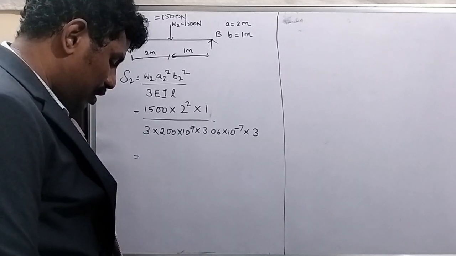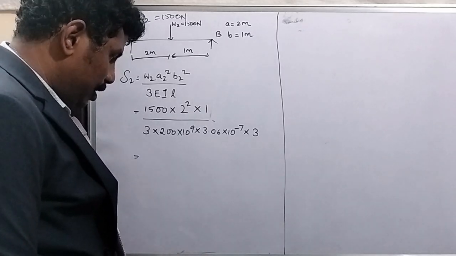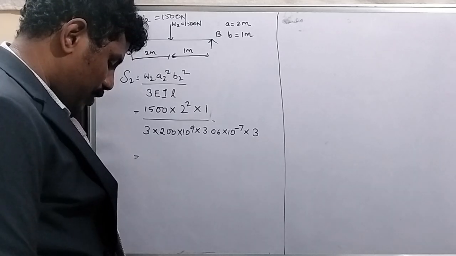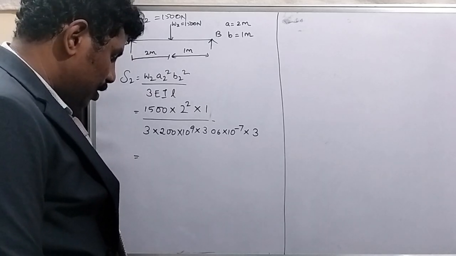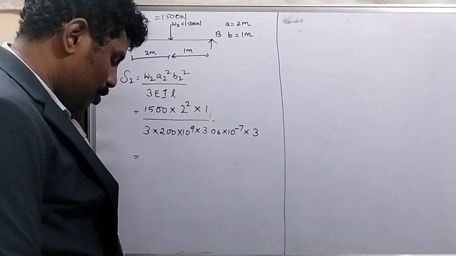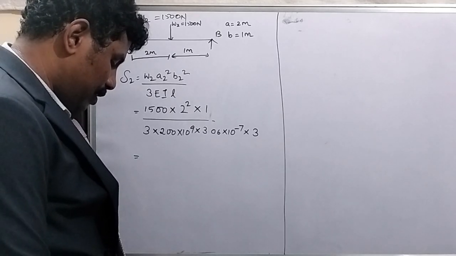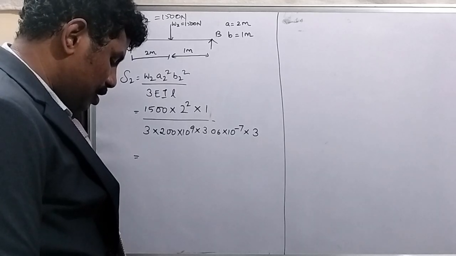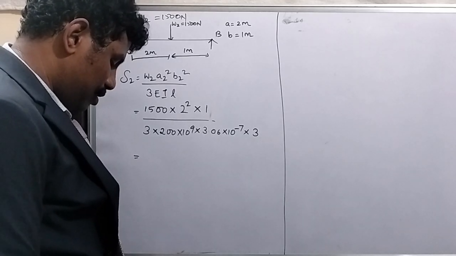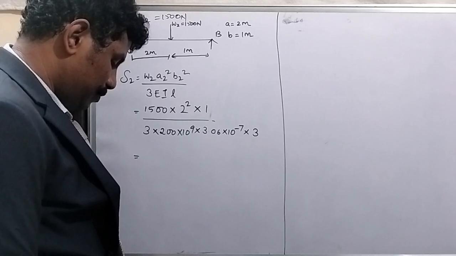So 1500 into 2 square into 1 square divided by 3 into 200 into 10 power 9 into 3.06 into 10 power minus 7 into 3.